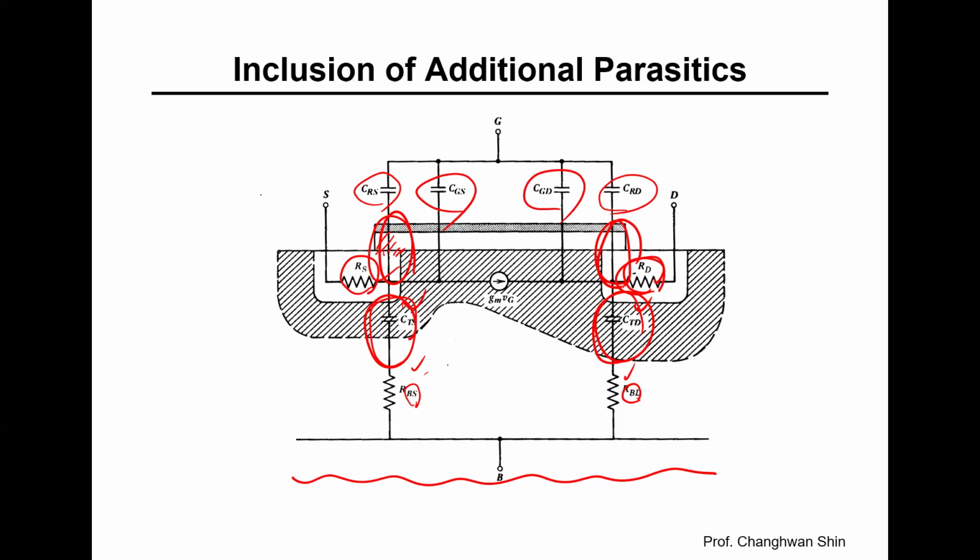So understanding and modeling these parasitics is critical for high frequency circuit design rather than low frequency circuit design, as well as for RF radio frequency applications and high speed digital systems.